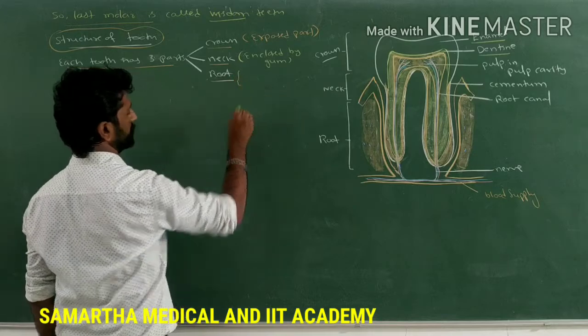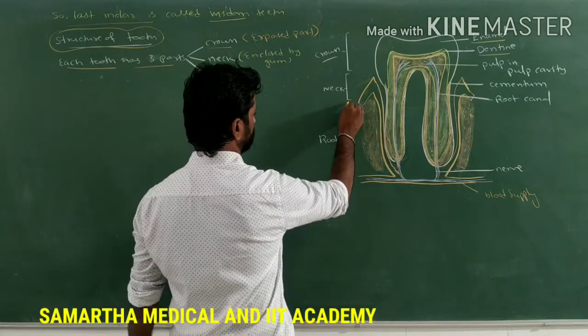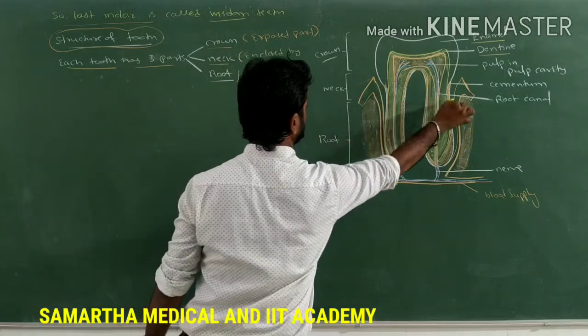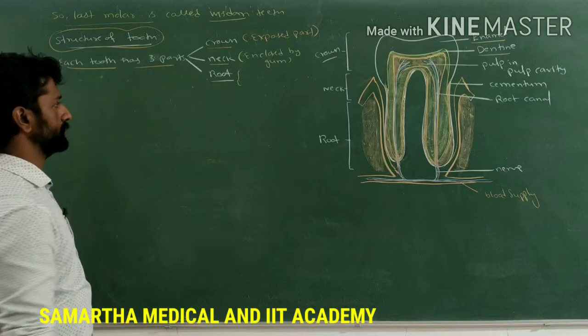Next, the root is the one which gets embedded in the socket of jawbone. From here, this part of the tooth will be embedded in the socket of jawbone. That is called as root.